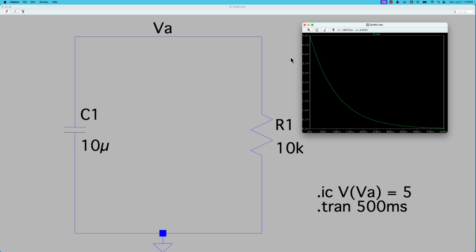It's only seeing things going towards negative infinity or positive infinity. And so this is exactly what we are observing in our own curve. This is the voltage response of the RC circuit.